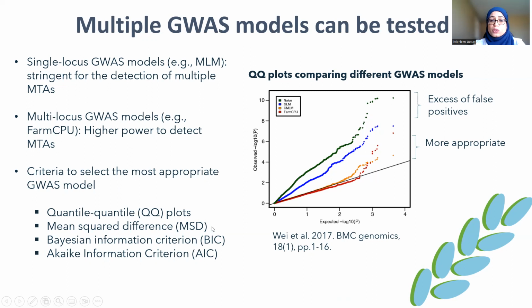You can also use other criteria like mean square difference, the BIC and the AIC. The lower these statistics, the better the model.